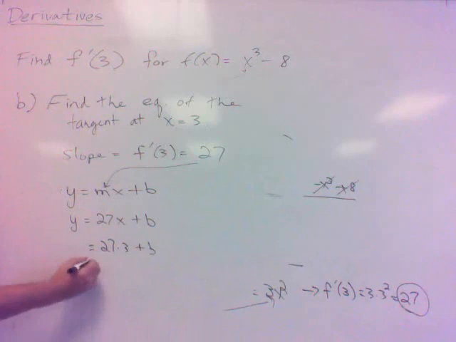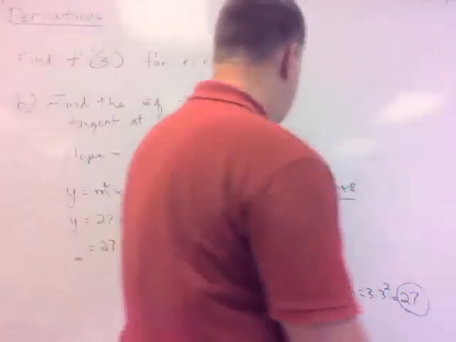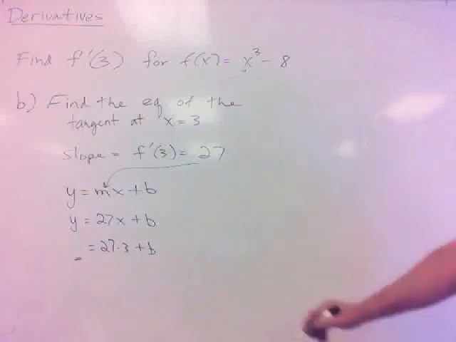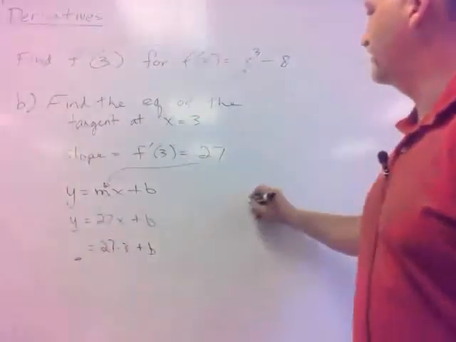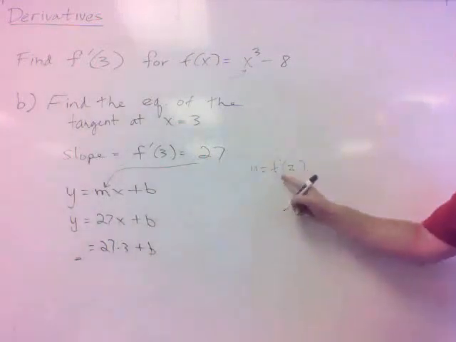What's the y value? Well, the y value is not 0. This y value is just the function value at 3, not the derivative at 3, but the function value at 3.